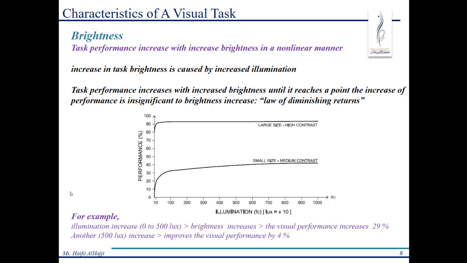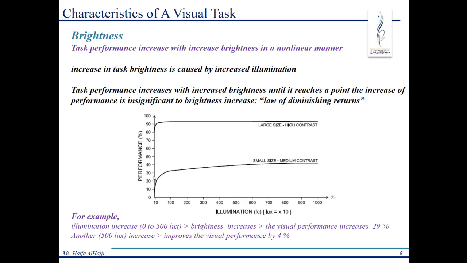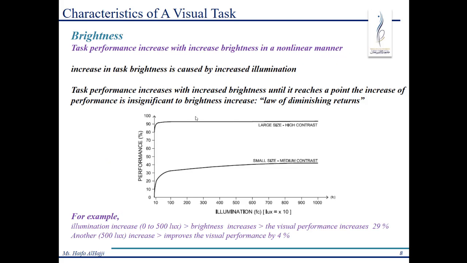So I hope this is understood so far. Now, as we noticed from here, illumination levels are not that important in our performance. What is important is the size, what is important is the contrast.